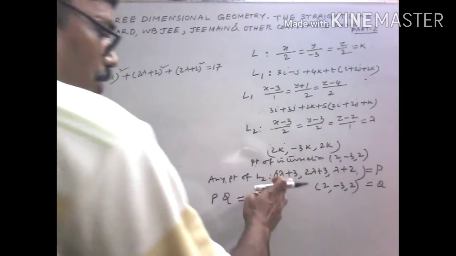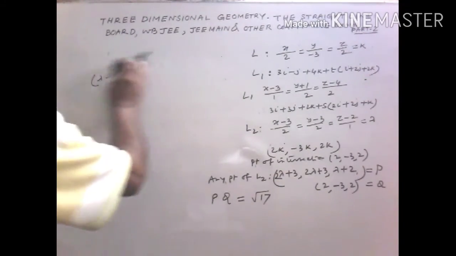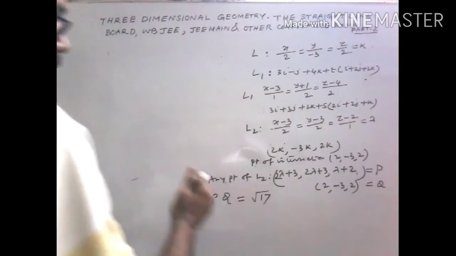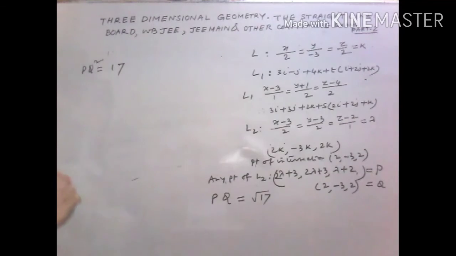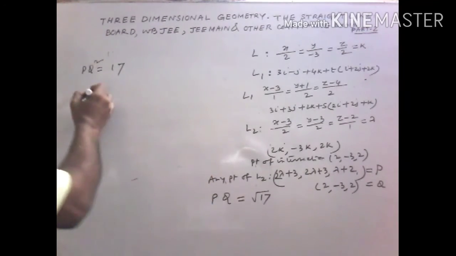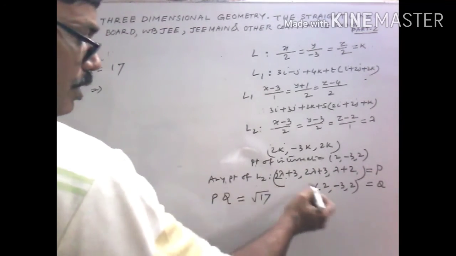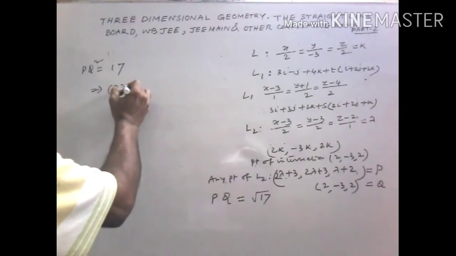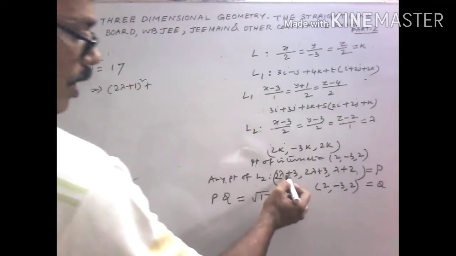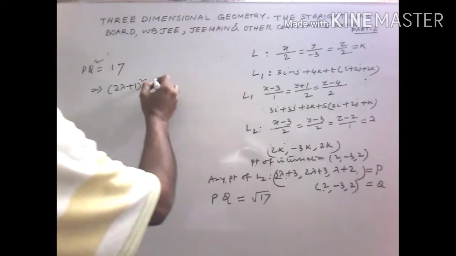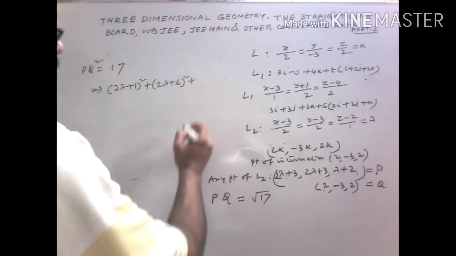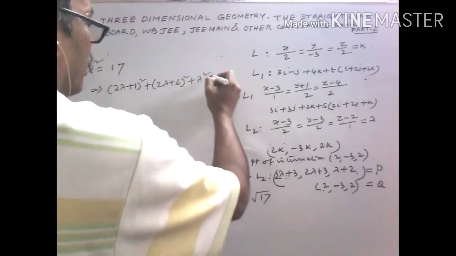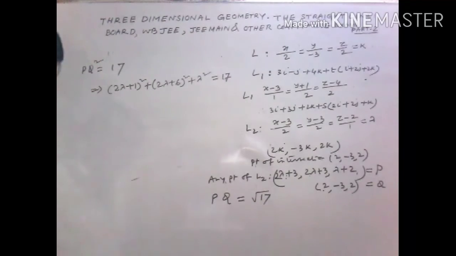Now we find the distance of P and Q. So PQ square equals 17. Subtracting coordinates, we get (2 lambda plus 1) whole square, plus (2 lambda plus 6) whole square, plus lambda square equals 17.